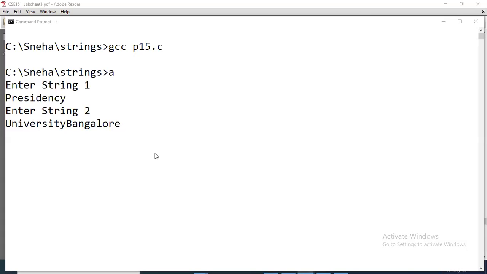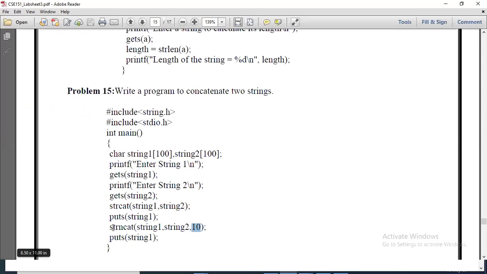Next, when we take strncat, so here we have the strncat in the program. This is visible clearly. strncat, we have string 1. This string 1 is now Presidency University Bangalore and not simply Presidency, right? So to that we will append the first 10 letters of string 2 because we have given 10, right?